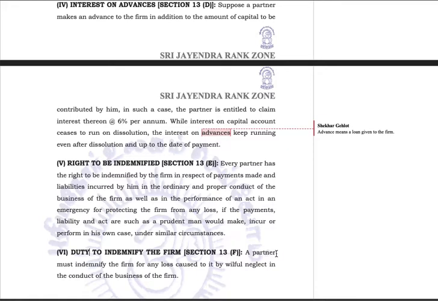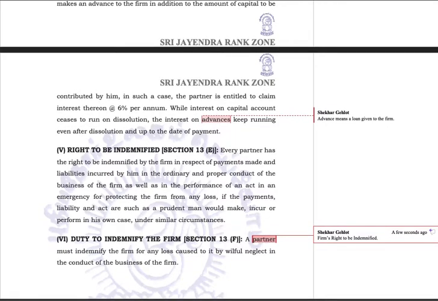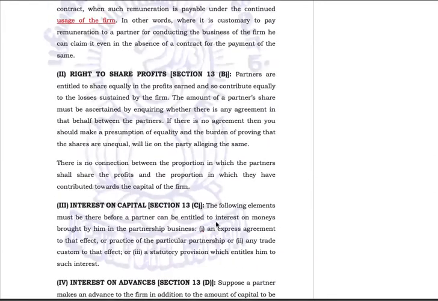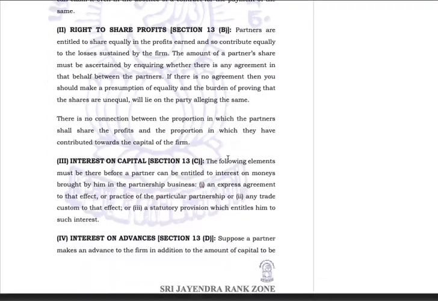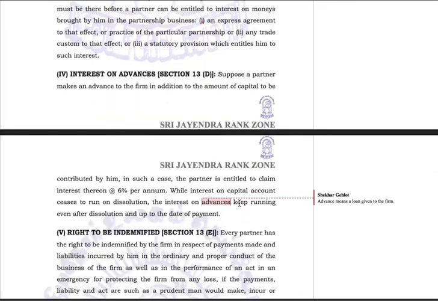Either it is a duty to indemnify the firm, or if we use the word right, we should say the firm's right to be indemnified. So when he is causing a willful loss, like in the case we discussed, he left the sugar openly without covering in monsoon season and it rained. So in such a case, if losses occur to the firm, he must make it good.